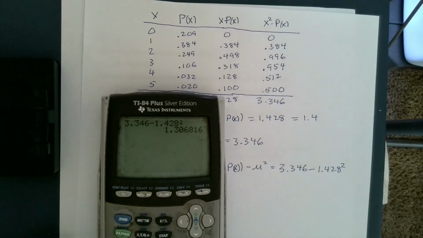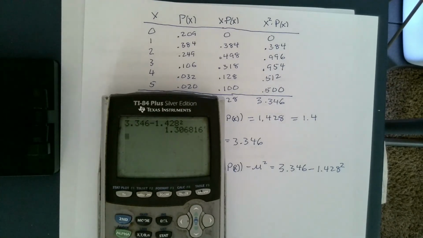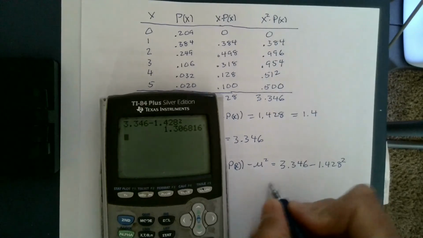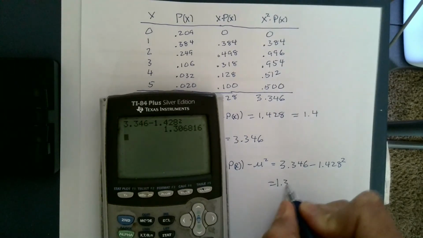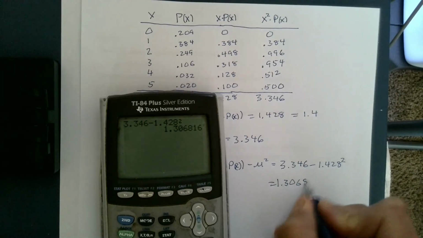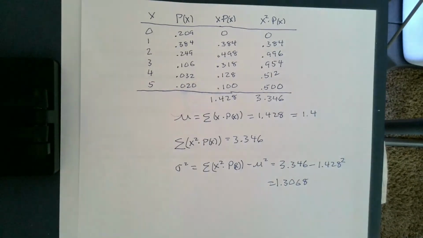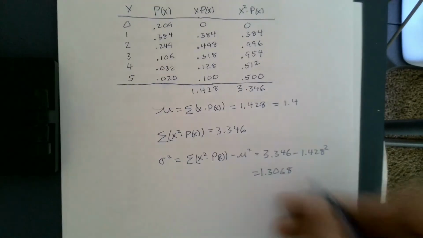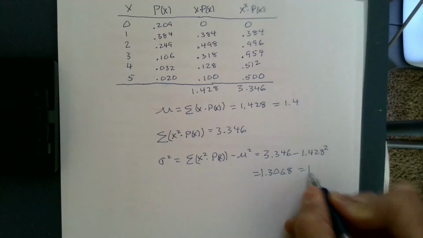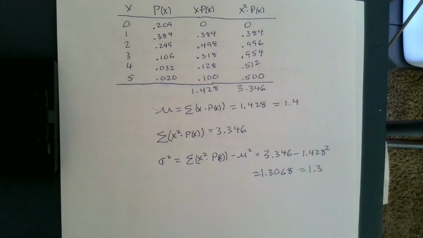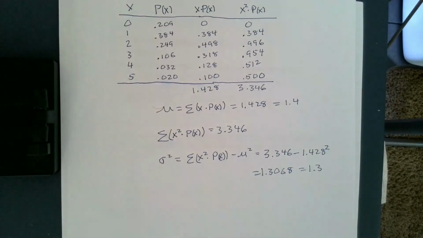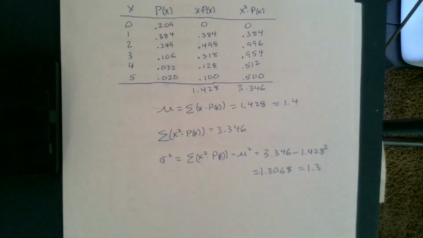And the result is 1.3068. And when we round to one decimal place, we get 1.3. So that's the variance for the number of children in a household in 2008.